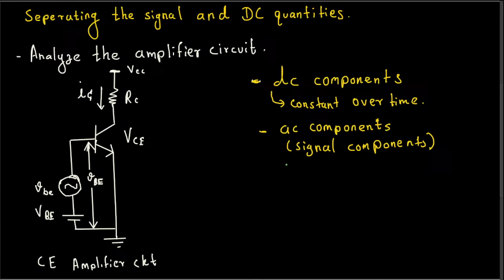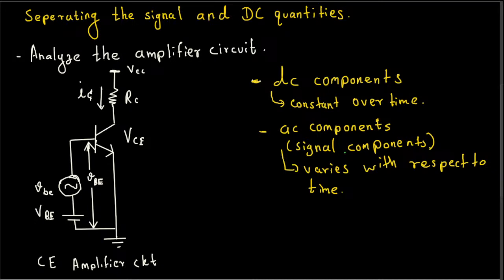It varies with respect to time. For example, for the DC you can compare a straight line, and for the AC you can compare a sine wave. That will be changing with the time.